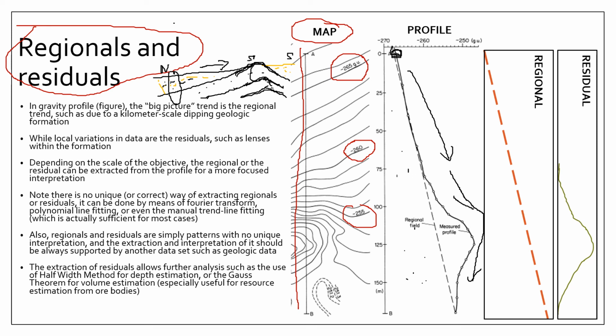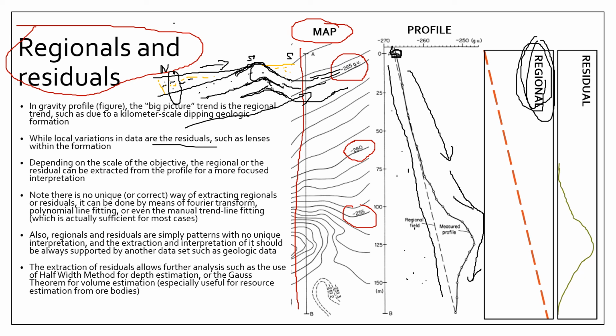So that is your geologic understanding of the area, and that is your initial interpretation. Now, the residuals and regionals come into the picture depending on what's interesting to you or what your objective is. If you are just interested in the bigger picture, for example, this formation is actually continuing further. If you're just interested in the large scale dip of the formation, what's important to you is the bigger trend, this line.